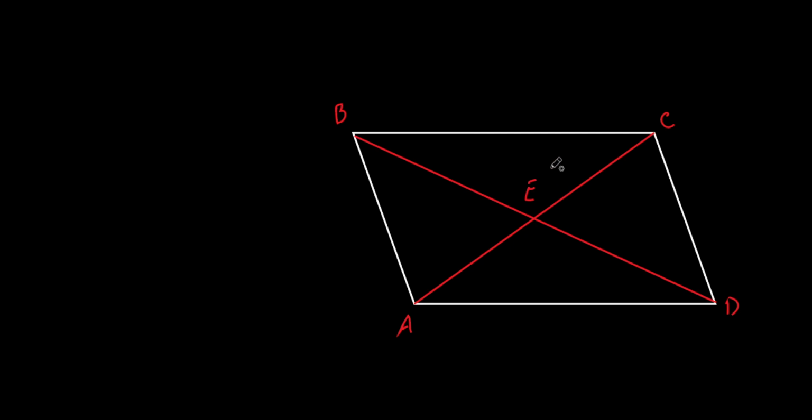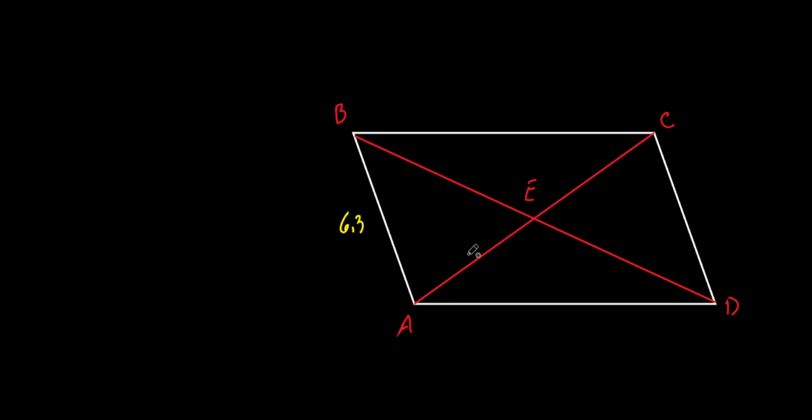All right. Oh, goodness. What do they tell you? They tell you a bunch of stuff here. They tell you that AB is 6.3. All right, so I'm going to write 6.3 right there. And they tell you that AE is 4.2.